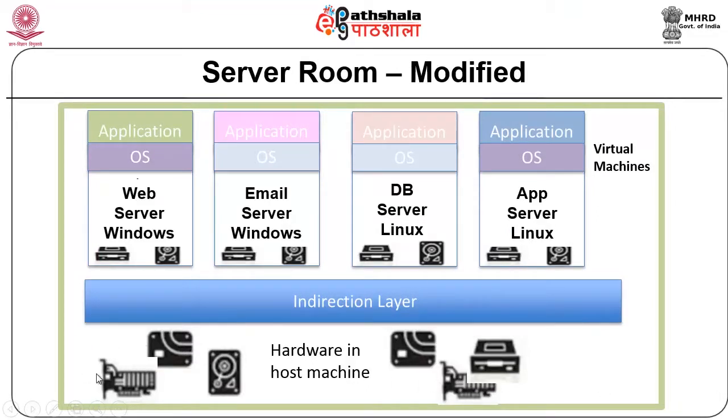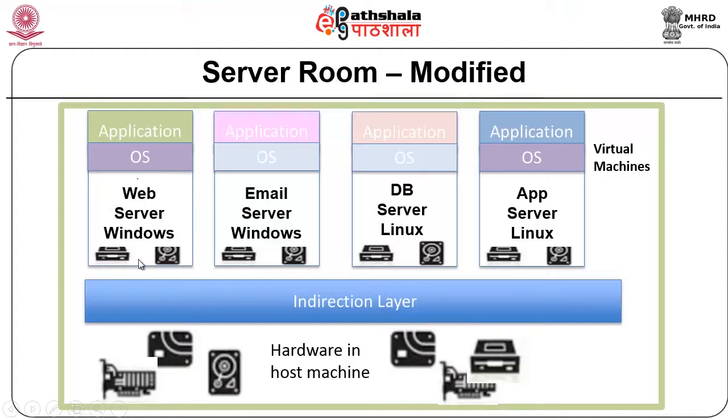If we look at this diagram, this is one hardware. We put a front desk like indirection layer on it, and on top of that we put the 4 applications. These 4 applications are running on 2 different operating systems, but this layer of indirection will take care of these 4 machines running on top of the same hardware.